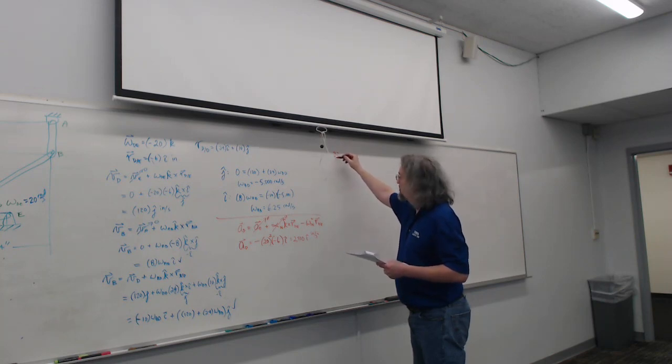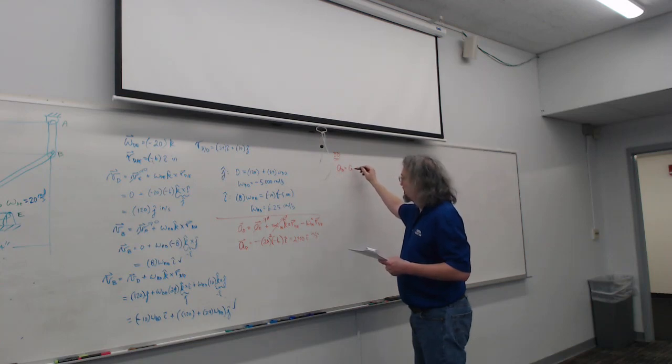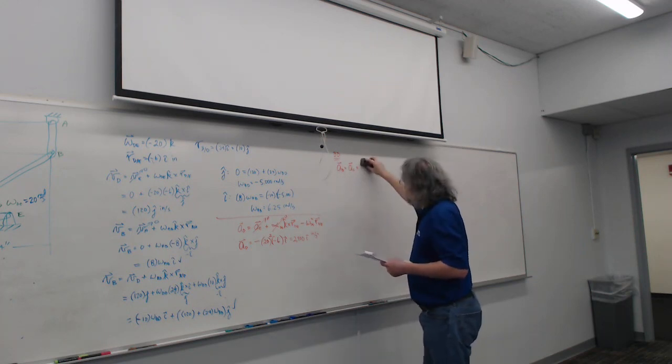BD first. So we get the acceleration of B. It's going to be equal to the acceleration of D plus, nope, we're in vector.